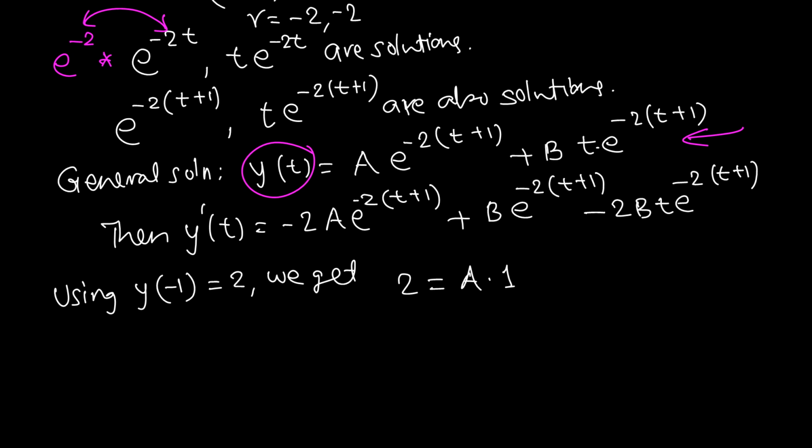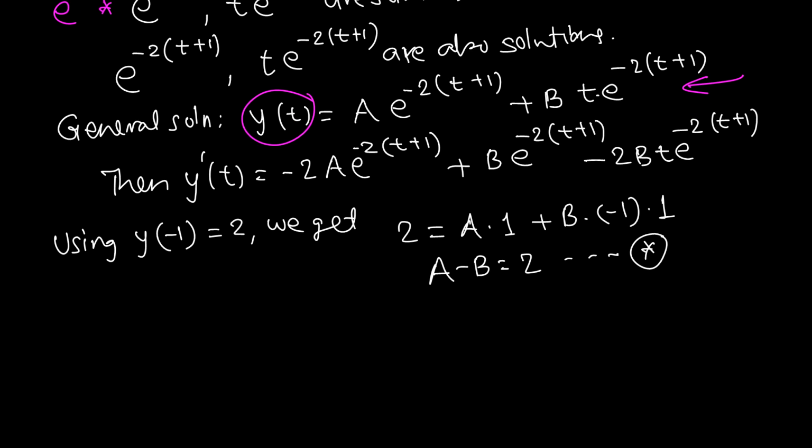Because of the plus 1, this simplifies to 1, plus b times t is negative 1, e raised to 0, which is 1. So that is a plus, in fact minus b. 2 equals a minus b, or a minus b equals 2. I'm writing the right hand side on the left. So that's equation 1, or star.